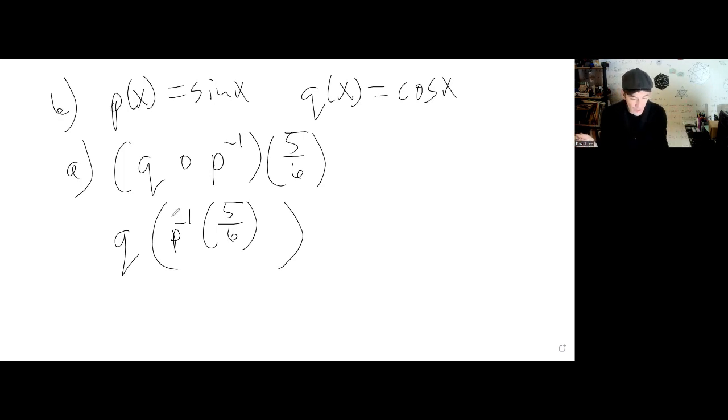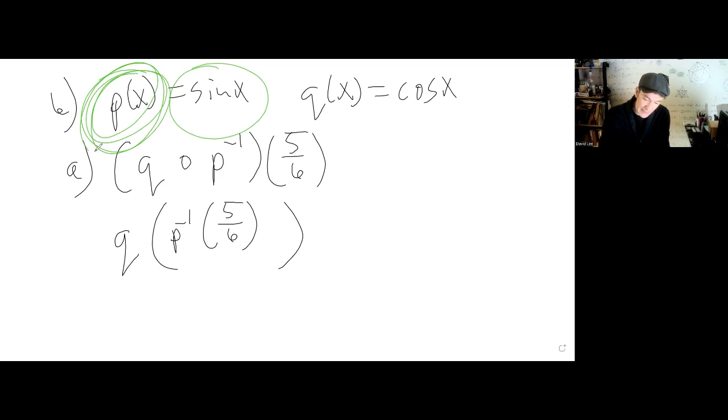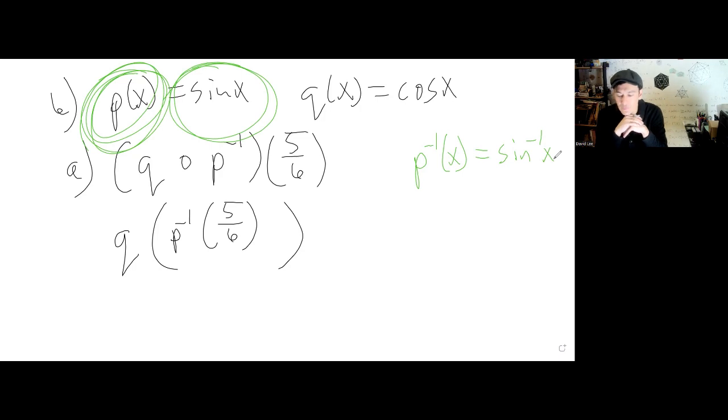Let's go green for a second. If I take the inverse of p, it'll literally say p inverse. If I take the inverse of sine, it would literally say sine inverse. And that's what this wants me to do.